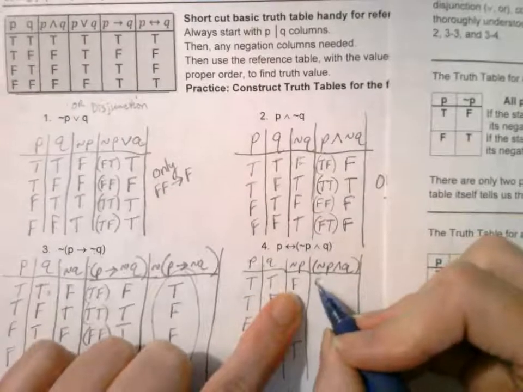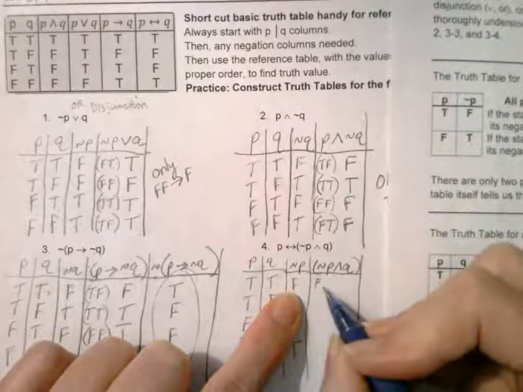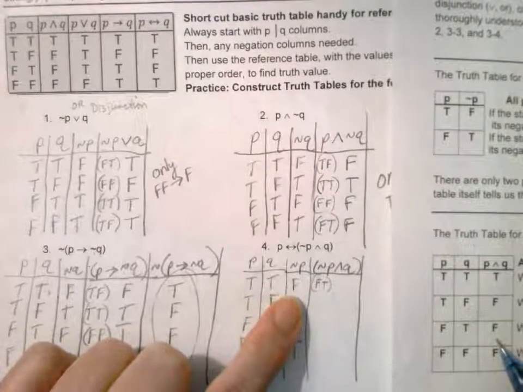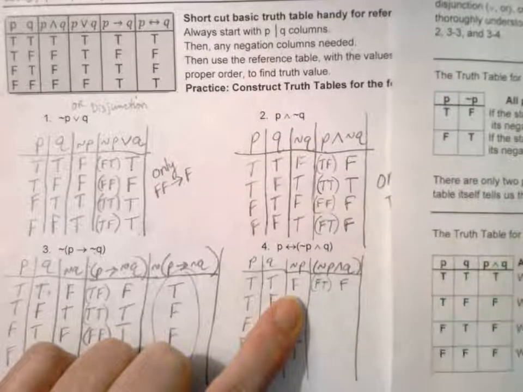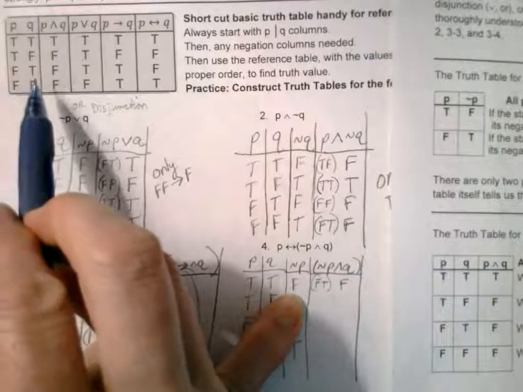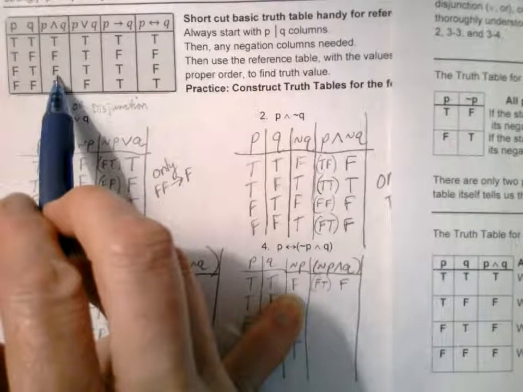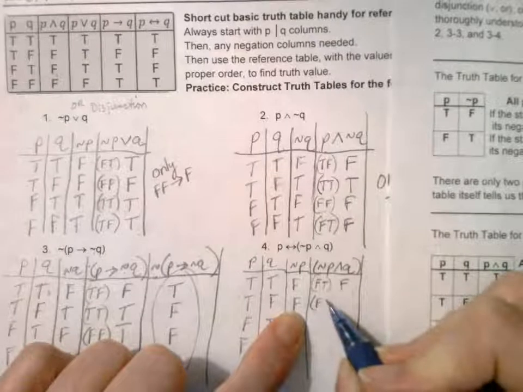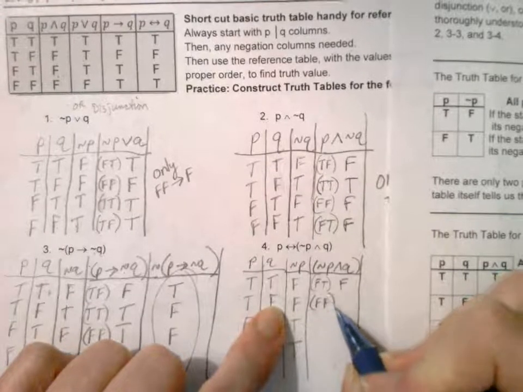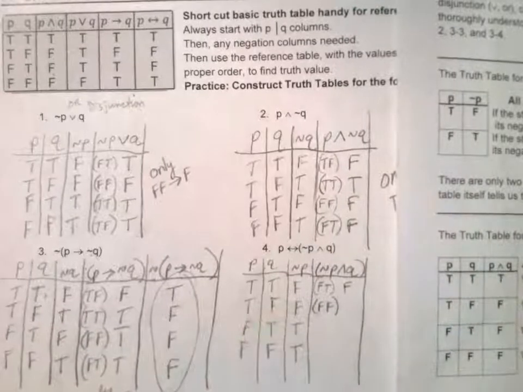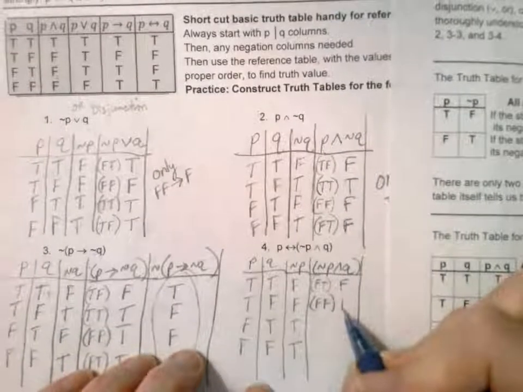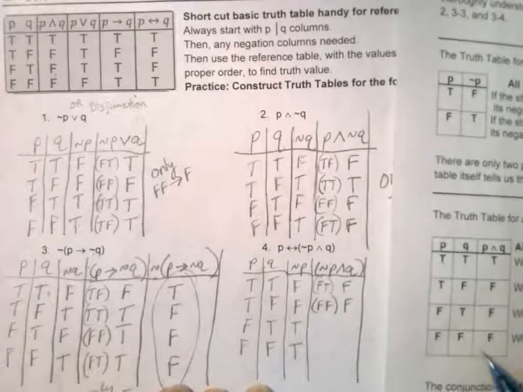Not P is F, and Q is T. So an FT is an F. If you're looking at this table, an FT with a conjunction is F. Not P F, Q F, double F's in a conjunction is an F.